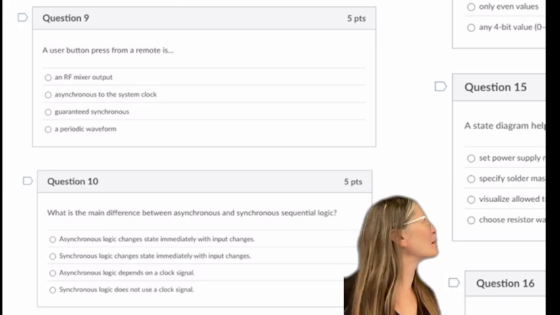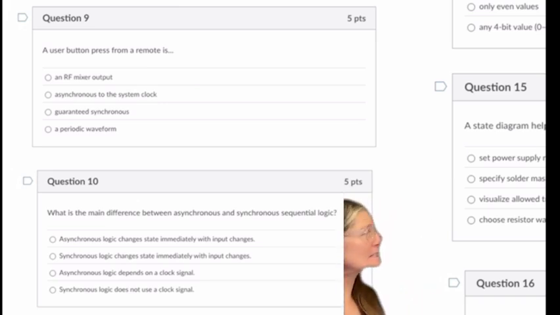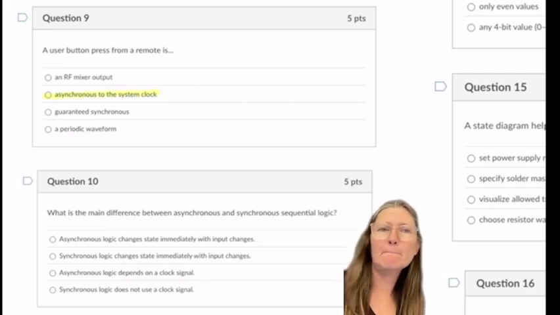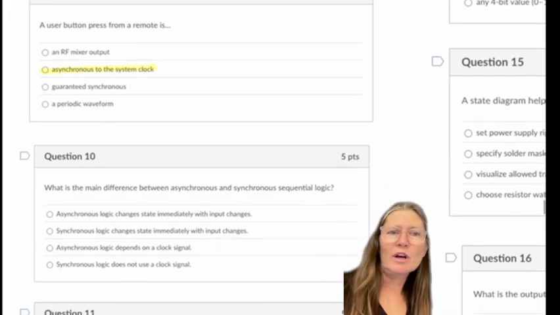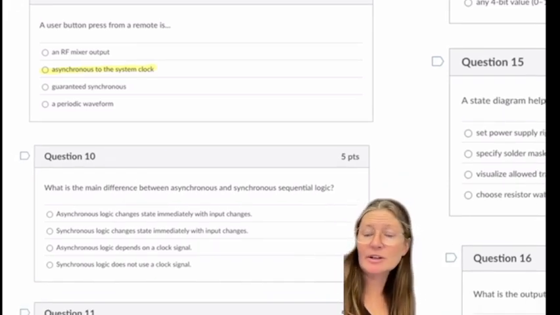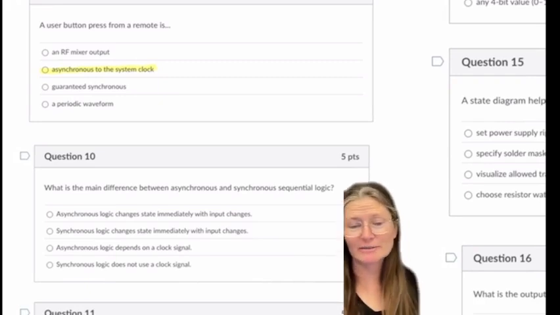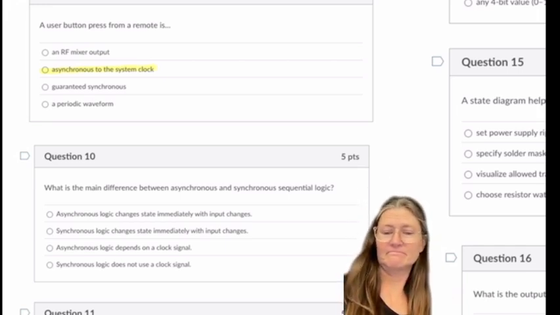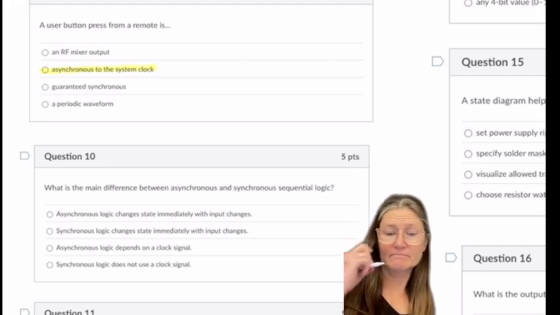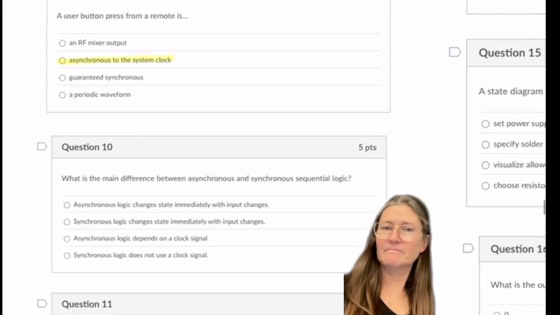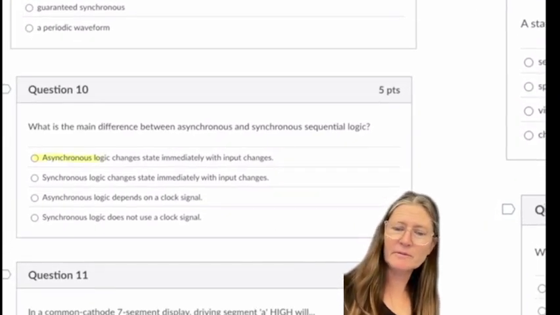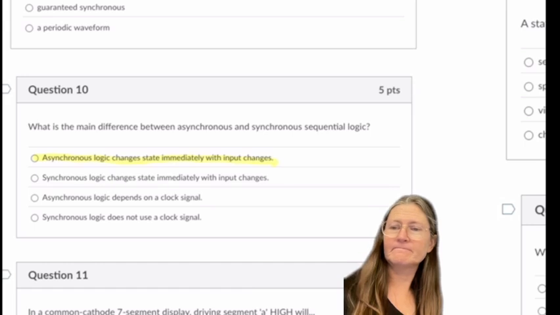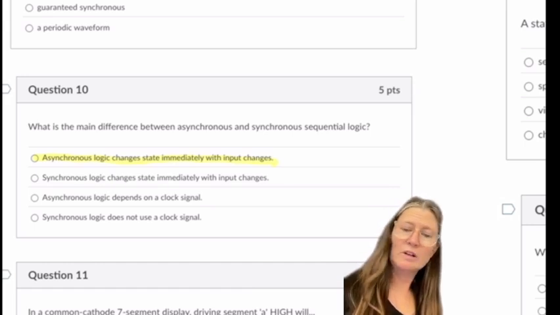Okay, a user button press from a remote is, correct, asynchronous to the system clock. What is the main difference between asynchronous and synchronous sequential logic? Heard somebody say the first one. Are there any others? Is this true?